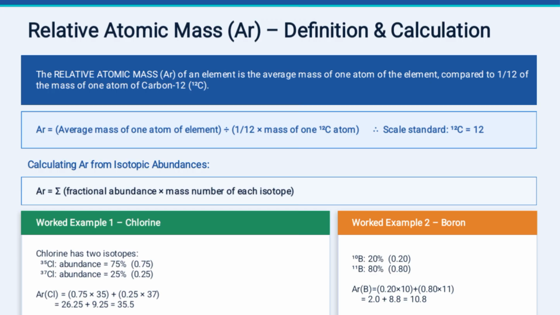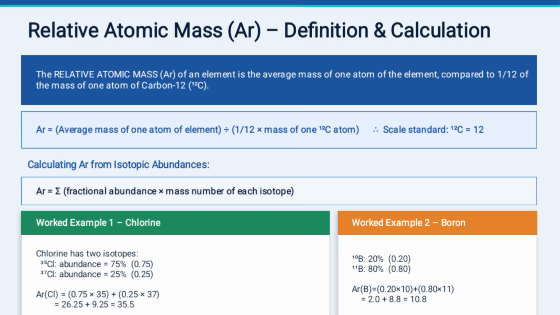Let's take an example. When the question says chlorine has two isotopes, chlorine-35 with a relative abundance of 75% and chlorine-37 with a relative abundance of 25%, and asks you to find the relative atomic mass of chlorine, we just say percentage abundance times mass number.